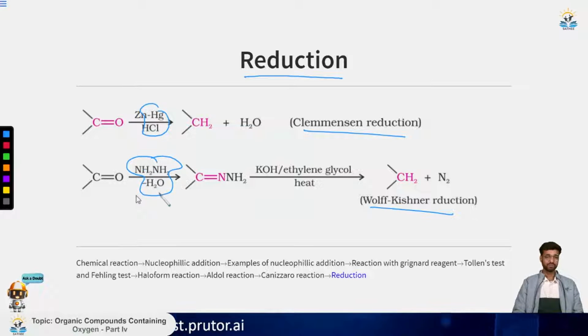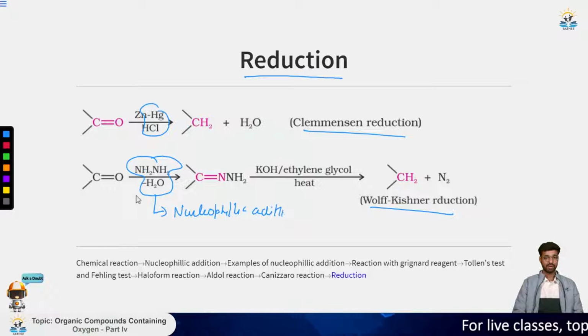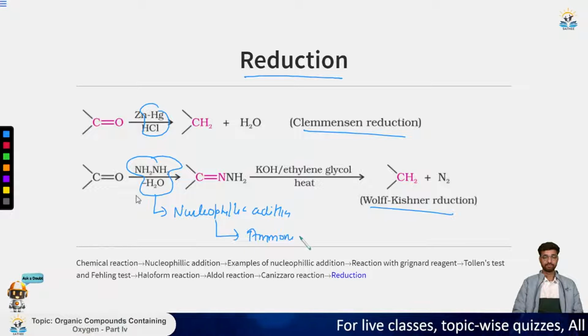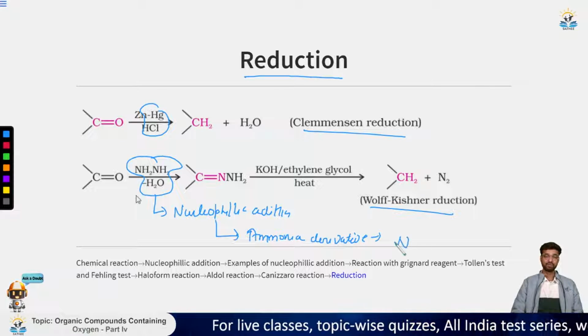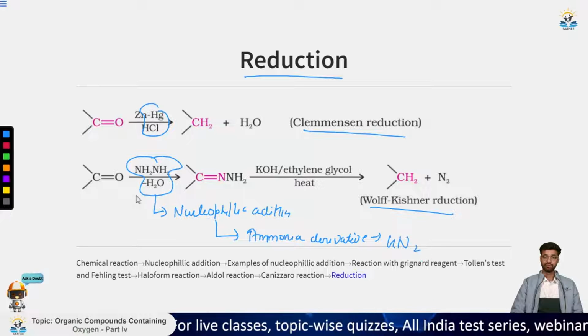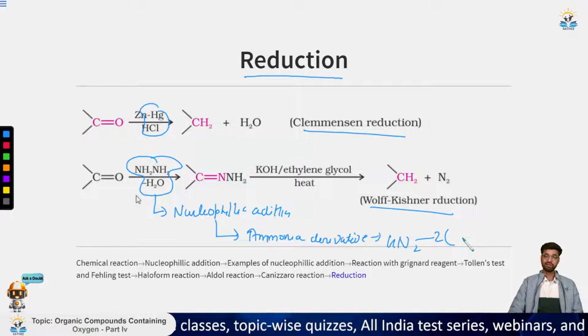If you see here, this step is nothing but nucleophilic addition of an ammonia derivative. How am I saying that it is an ammonia derivative? We have this NH2Z, and what is in the place of Z?